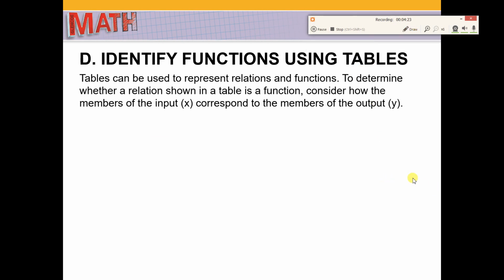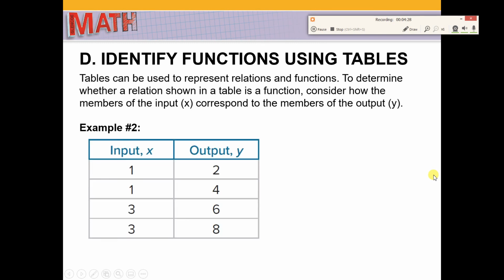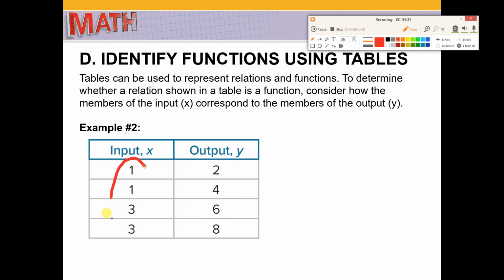Let's have the second example. So we have this. Again, you just have to focus on the x values. We have 1, 1, 3, and 3. And we can see here that not all the values of x are different.